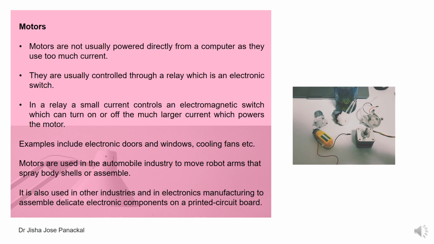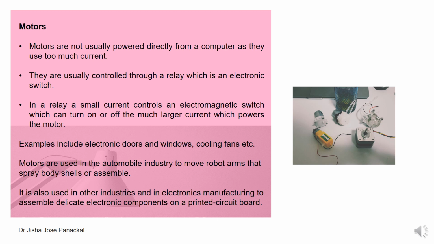Examples include electronic doors and windows, cooling fans, etc. Here, in this kind of applications, we are using motors. These are also used in the automobile industry to move robot arms that spray body shells or assemble them.